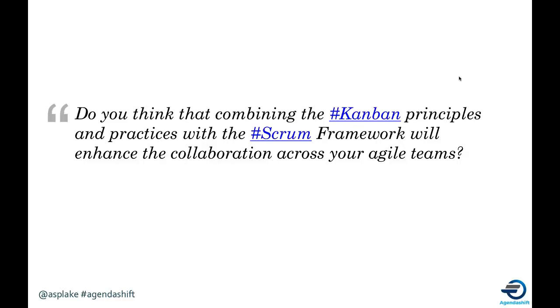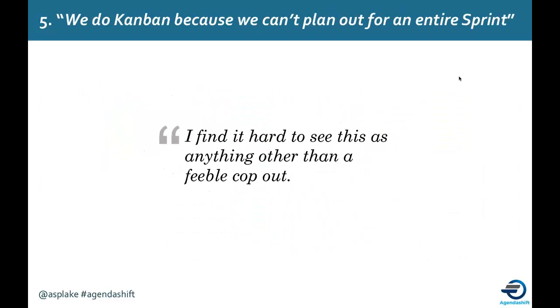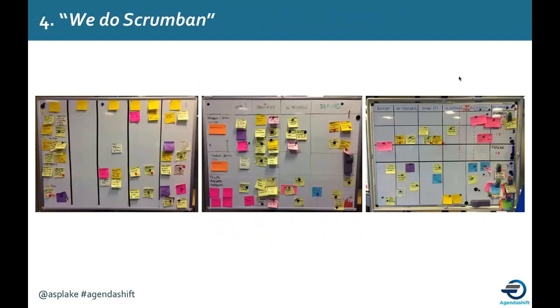If I go back, is my screen still visible? Yeah. If I go back to these pictures here, you'll notice on the right hand board there's some pink stickies. So those pink ones were defects or other issues being experienced in test or production.